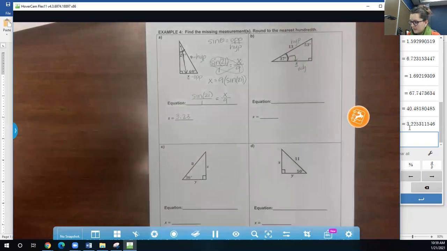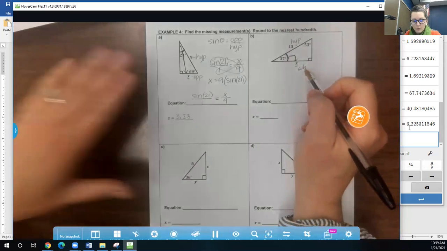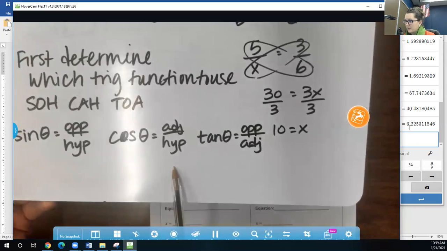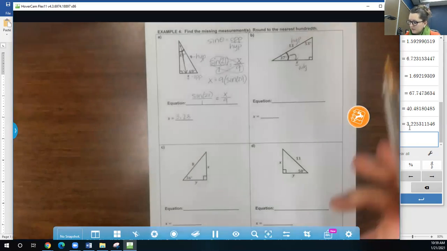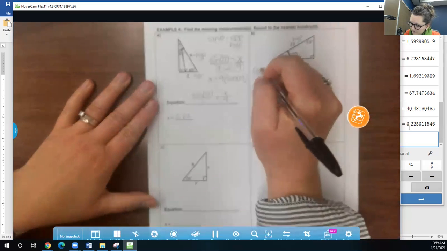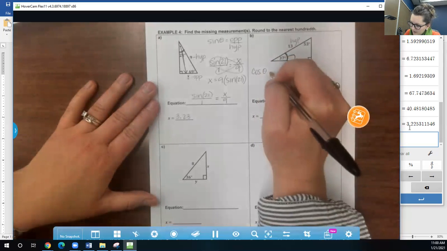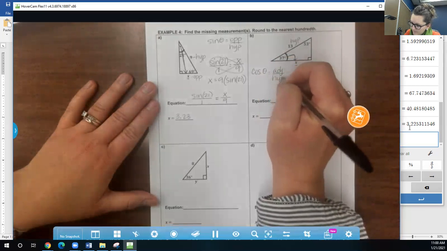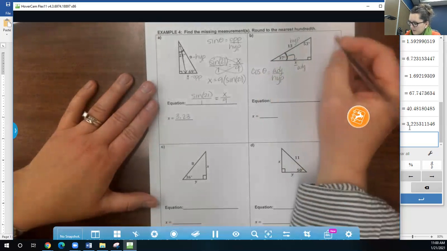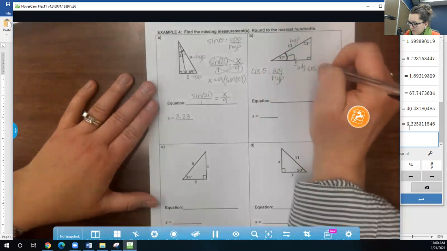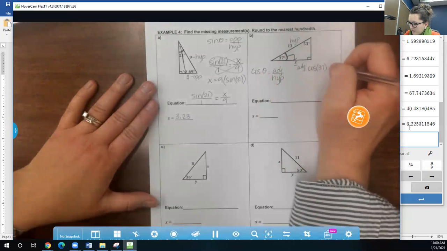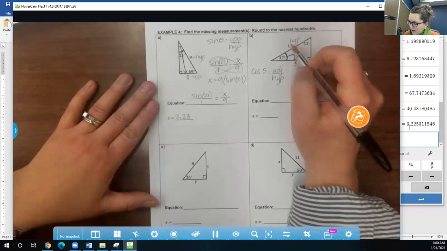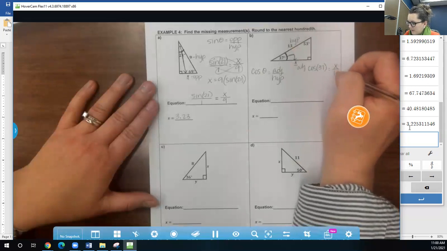So let's see our equation here. What trig function deals with adjacent and hypotenuse? Looks like cosine, right? So cosine of theta equals adjacent over hypotenuse. So let's plug our numbers in. The cosine of 37 equals the adjacent value, x, divided by the hypotenuse value, 13.